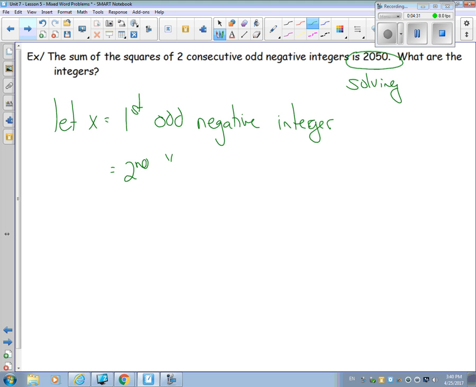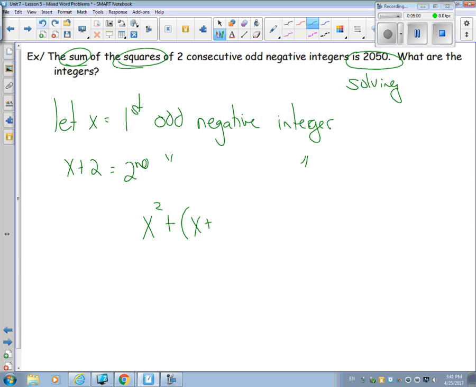Well, to get there, I have to add 2. So for example, if I had negative 5 as my first number, I add 2 to that, I get negative 3. That would be the next consecutive odd integer. Okay, what do I know about these things? I know that when I sum, I add up their squares. So I'm going to square them and then sum them. So I squared them, and then this is my sum, right?